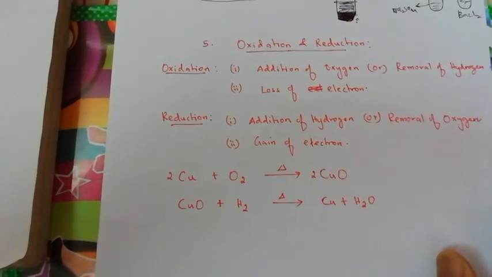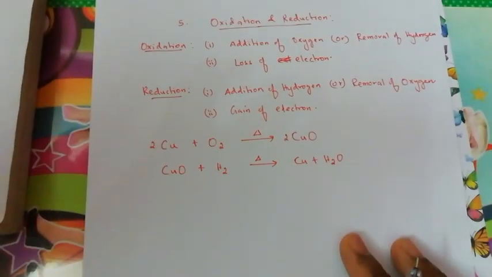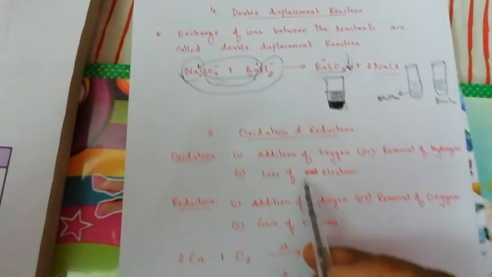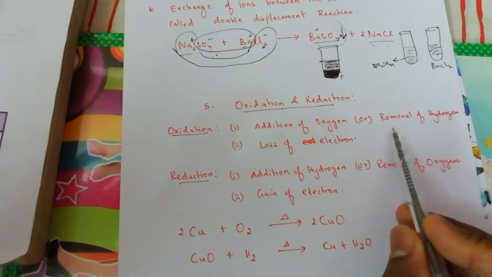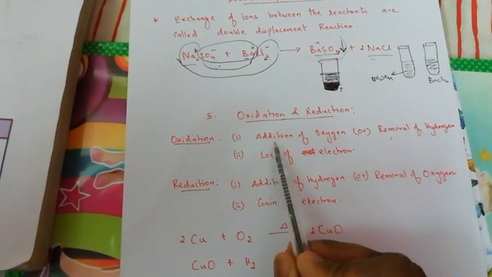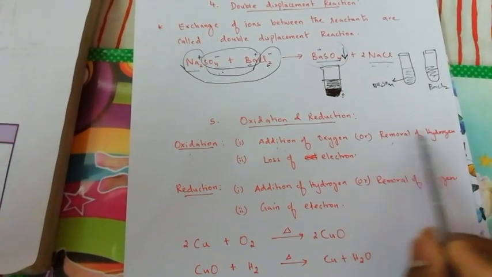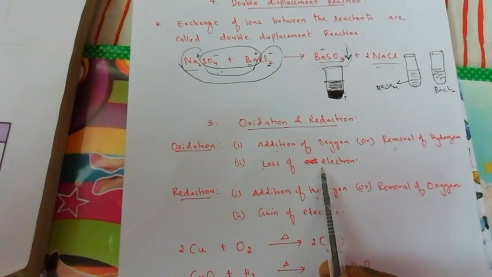The next topic we are going to learn here is oxidation and reduction. I'll go a little faster. Oxidation means addition of oxygen or removal of hydrogen. Either oxygen is added or hydrogen should be removed. There is another definition for oxidation.